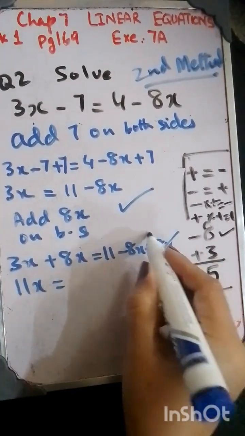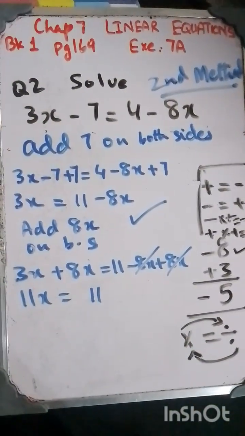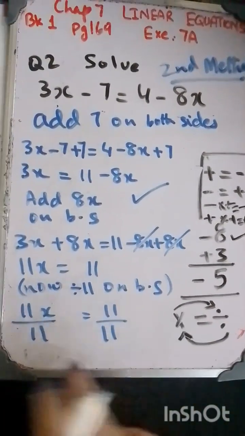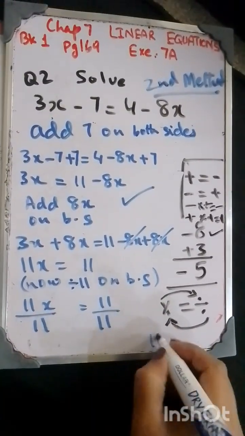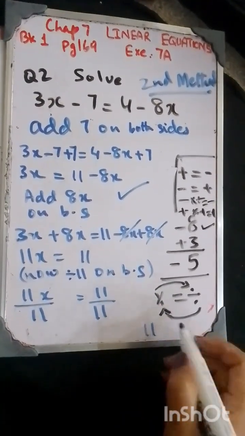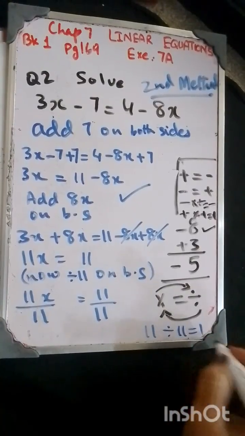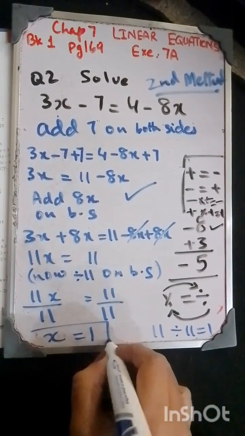So negative and positive will vanish. Here it is 11x. If it is being multiplied, on the other hand, you know that it will be divided. So we are dividing by 11 on both sides. So 11 and 11 are gone with 1. So x equals 1. This is the answer.